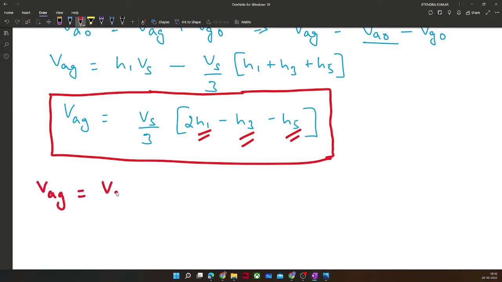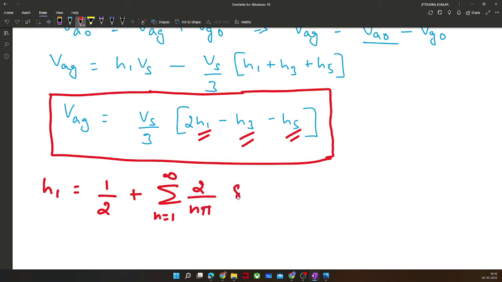Fine. So VAG was VS by 3. Let me again write H1, H3, and H5. H1 was D, which is half, plus the sum of 2 by n pi sine n pi D, which is again half, cos n omega t.